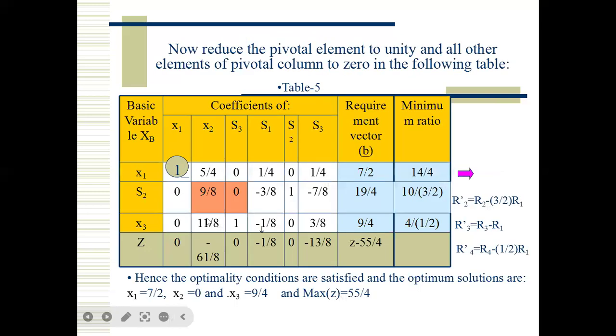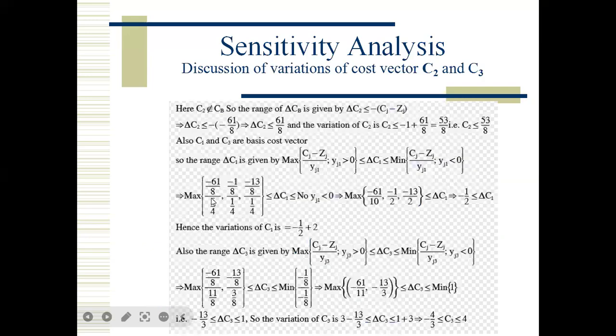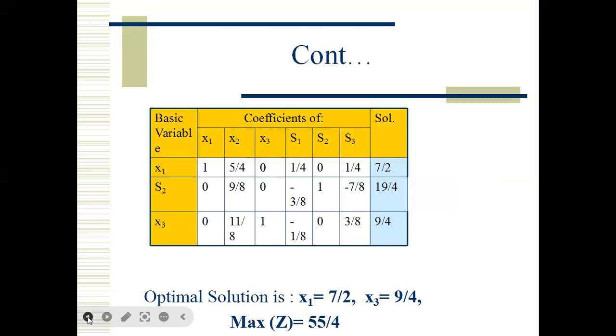From this row of Cj minus Zj, divided by the coefficients of the first row, the Y z1 values 5 by 4, 1 by 4, and 1 by 4, which belong to the first basic decision variable.